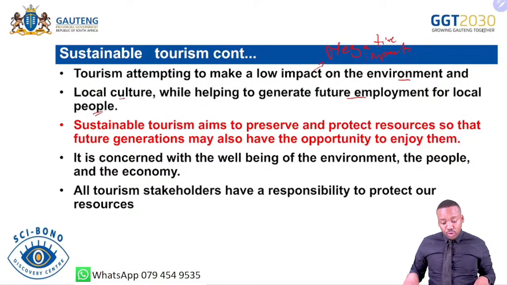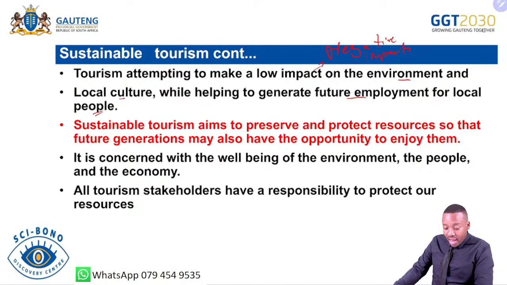Sustainable tourism aims to preserve. To preserve is to protect. It is to save. To preserve and protect resources so that future generations may also have the opportunity to enjoy them. We need to protect our wildlife, our big five, right?